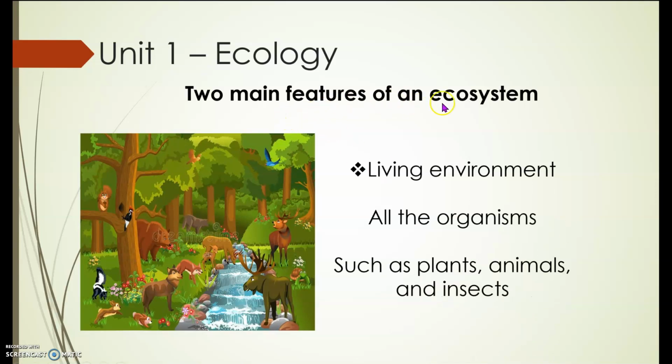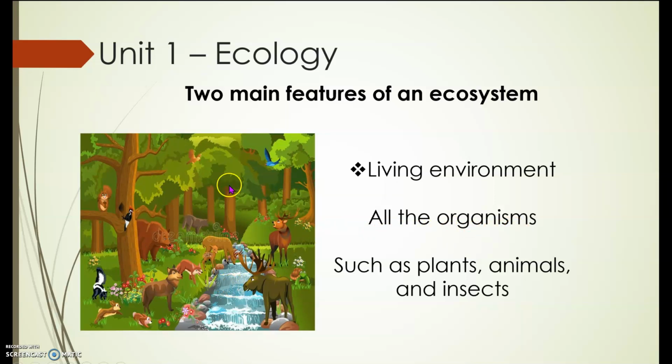The next feature of an ecosystem is the living environment. Repeat after me. Living environment. Very good. So, living environment is all the organisms, all the living things.